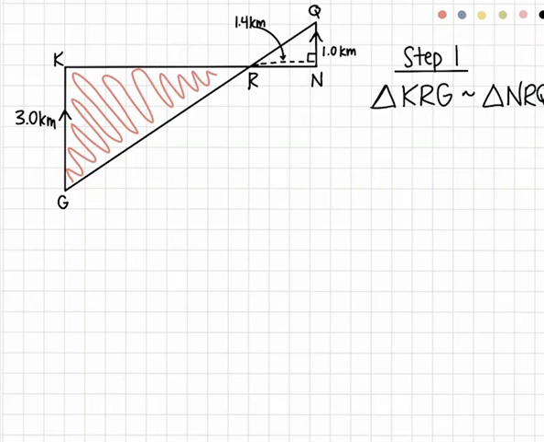So I'm going to do angle KRG is equal to angle NRQ. So I'm basically showing that right here, right? Those are the 2 angles that I'm talking about. I'm saying that those are corresponding to each other with this statement. I'm saying that they're equal.